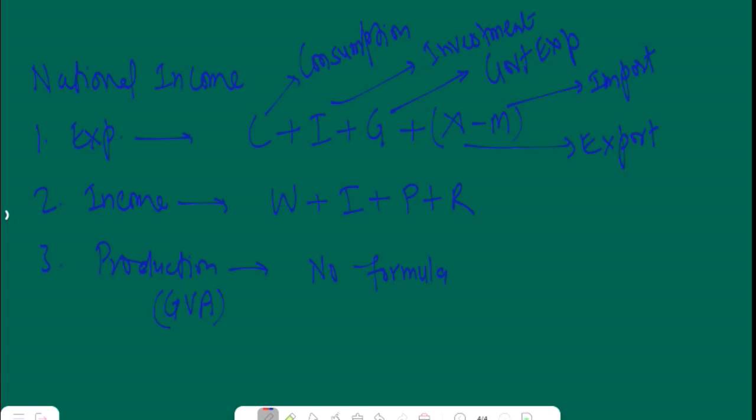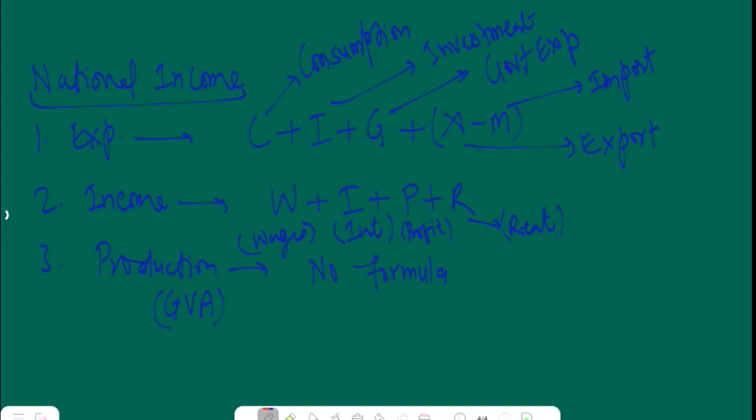Here W stands for wages, I for interest, P for profit, and R for rent. Okay, so these are some formulas which we need to remember for calculating national income.